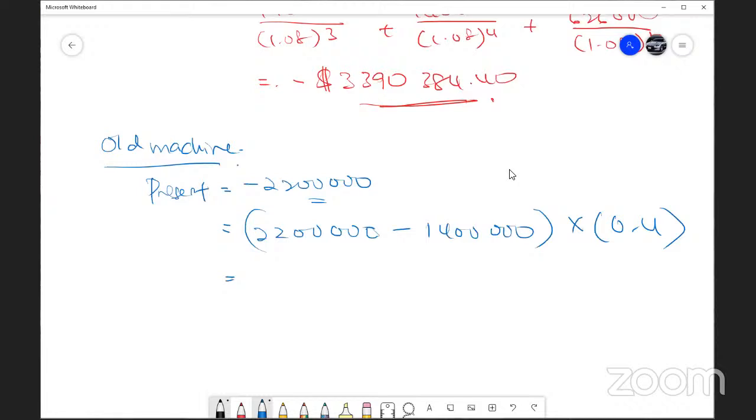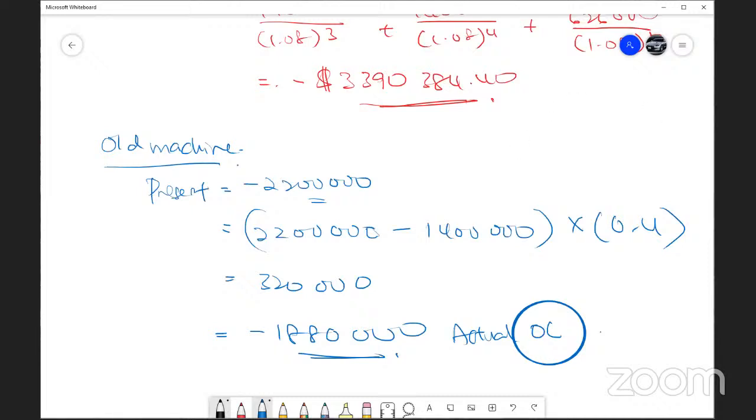After deducting the book value, you are selling at a higher price by $800,000. $800,000 times 0.4 means you are being taxed $320,000. So this $320,000 needs to be deducted from the initial value. So negative 2.2 million plus $320,000 is the money you get. This is the actual opportunity cost.